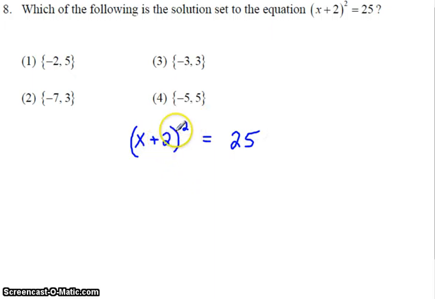To undo a square, remember that's square root. But the trick, and this is what most people forget, is that when you take a square root, you have to do plus or minus, because there are going to be 2 answers here.